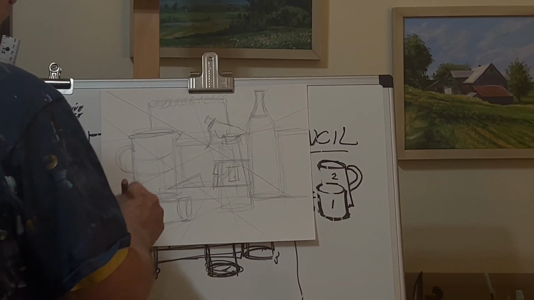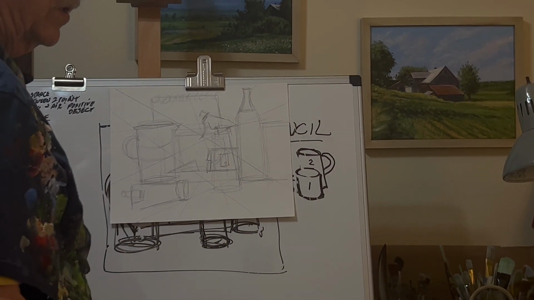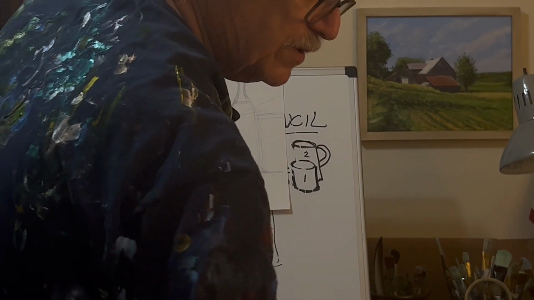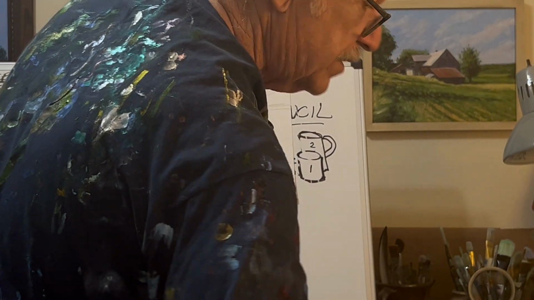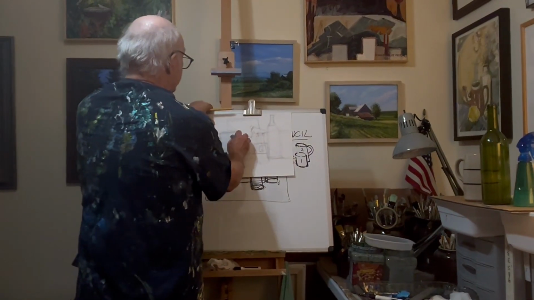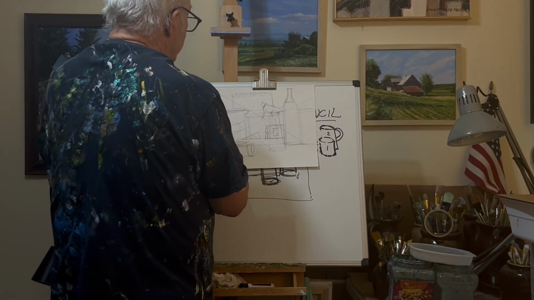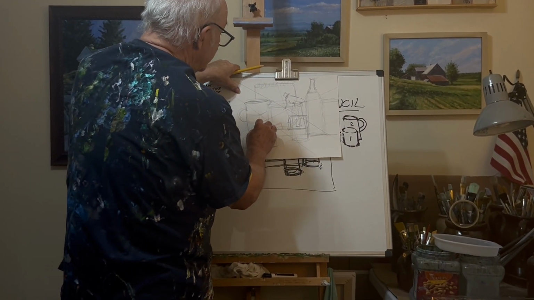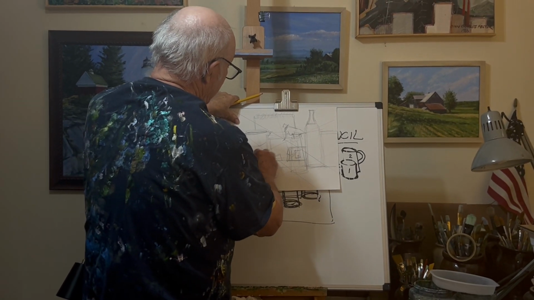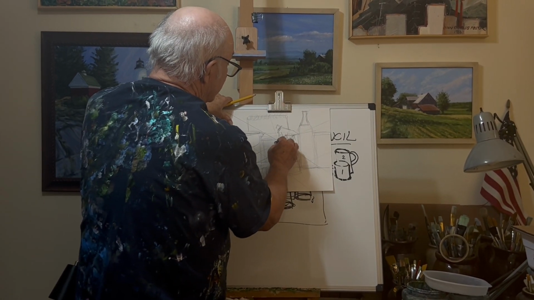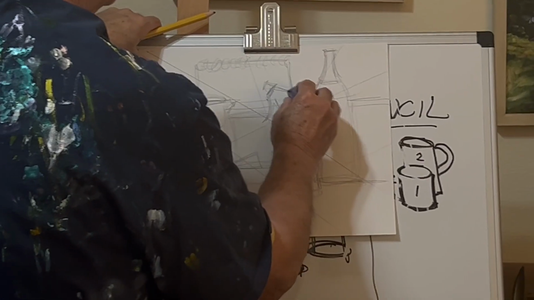Then I want you to take an eraser. If I have one here, yes I do. Audrey's eraser. And I want you to go in here and every once in a while erase out some of the lines, okay? Just a few lines here.